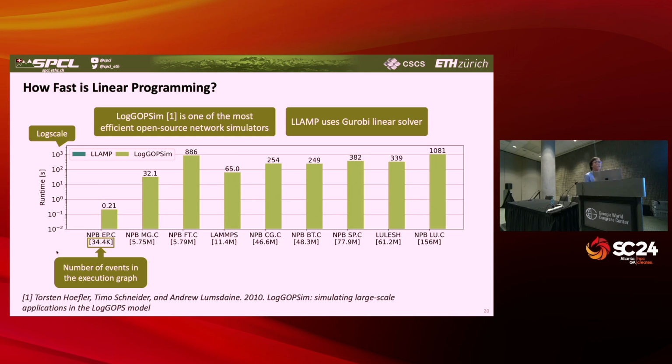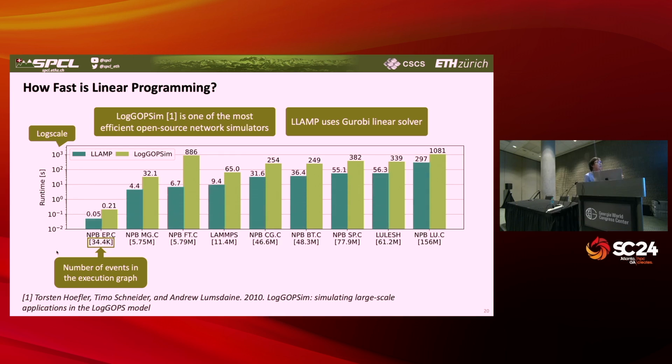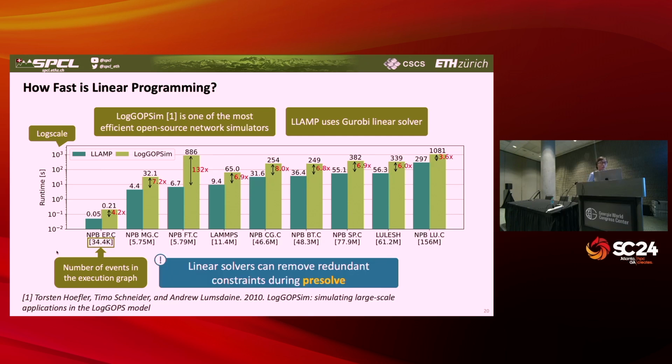Note that it's in log scale. And now we compare this with our toolchain, and we see that on average, we achieve a 4 to 100 times speed up compared with one of the fastest network simulators out there. So this speed up can mainly be attributed to the fact that linear solvers nowadays can remove redundant constraints with the use of advanced pre-solve algorithms.